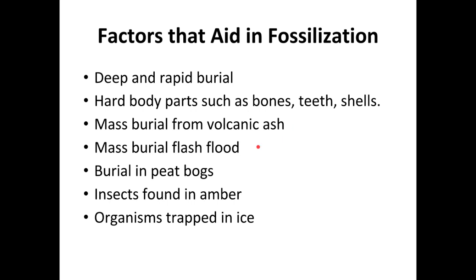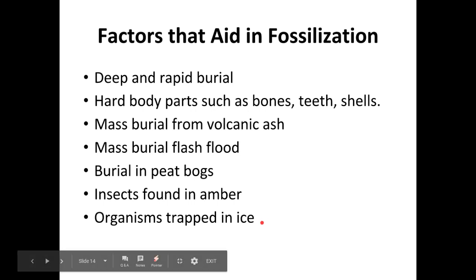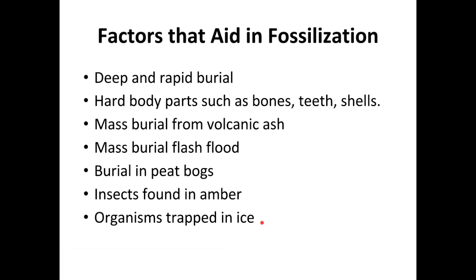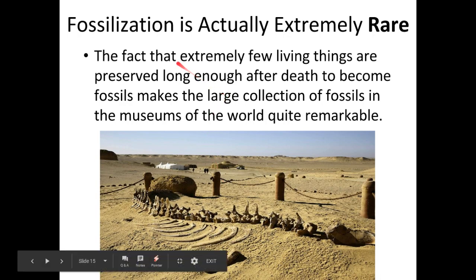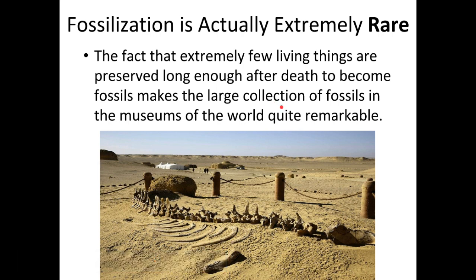Volcanic ash, flash floods, swamps, amber, and ice are some common ways that organisms could be buried rapidly and deep. So fossilization is extremely rare, which makes the collection of fossils that we actually have quite remarkable. It just shows you how many organisms have existed over Earth's history, over millions and billions of years.